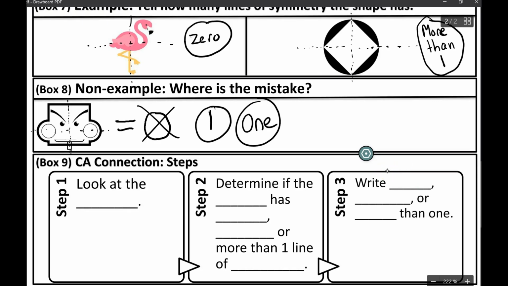Going on into box 9, our critical attribute connection. So steps. Step 1, we are going to look at the shape. Let's go ahead and look at the shape. Step 2, we are going to determine if the shape has 0, 1, or more than 1 line of symmetry. Go ahead and write that down.